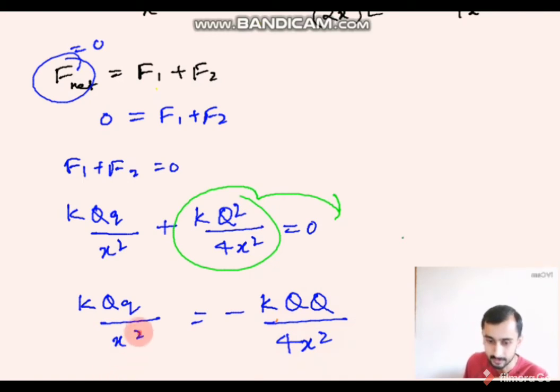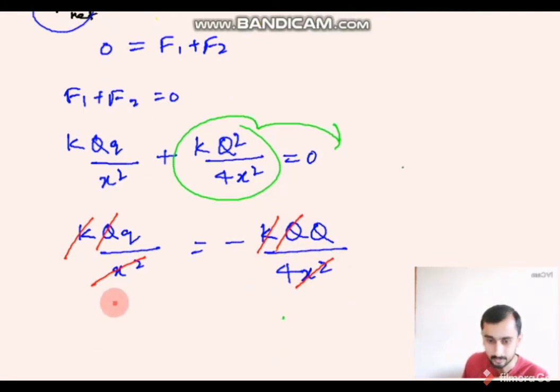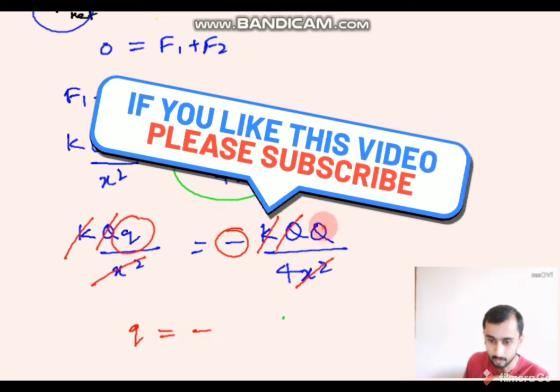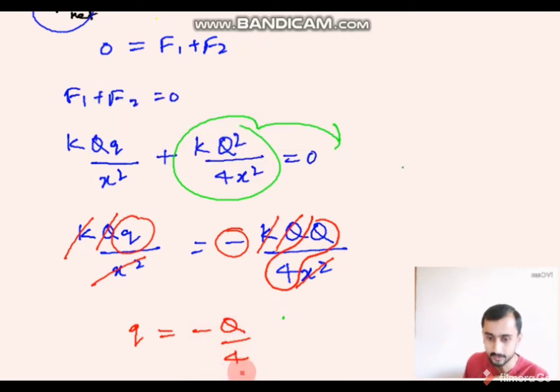Now to simplify this, x square can be cancelled, k can be cancelled, one Q can be cancelled, right? Now we got our answer. What are the remaining terms? Here one q remains, and that must be equal to minus, and the remaining term is capital Q divided by 4. So this itself is our answer.